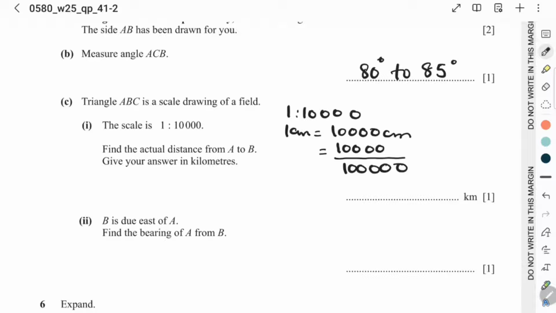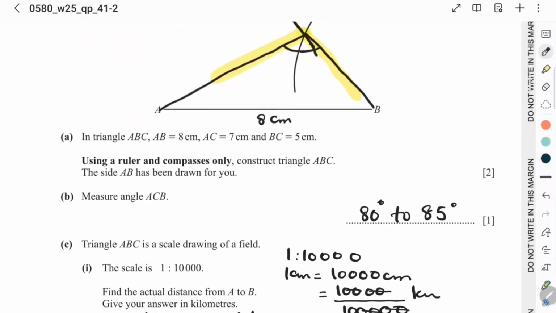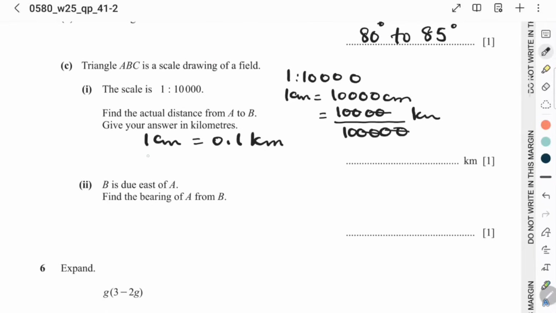Okay, so that will become here 0.1. You just cancel the number of zeros, so that is 1/10 kilometers. So 1 centimeter is equals to 1/10 kilometers, or 0.1. So 1 centimeter is equals to 0.1 kilometers. So our A to B is 8 centimeter in the drawing.